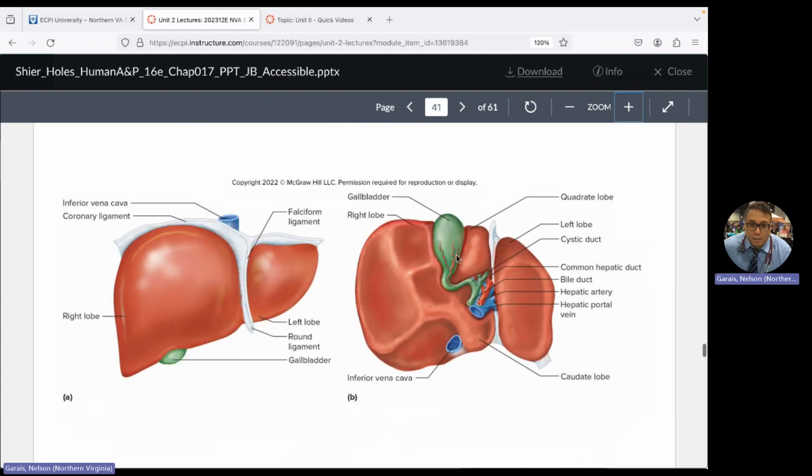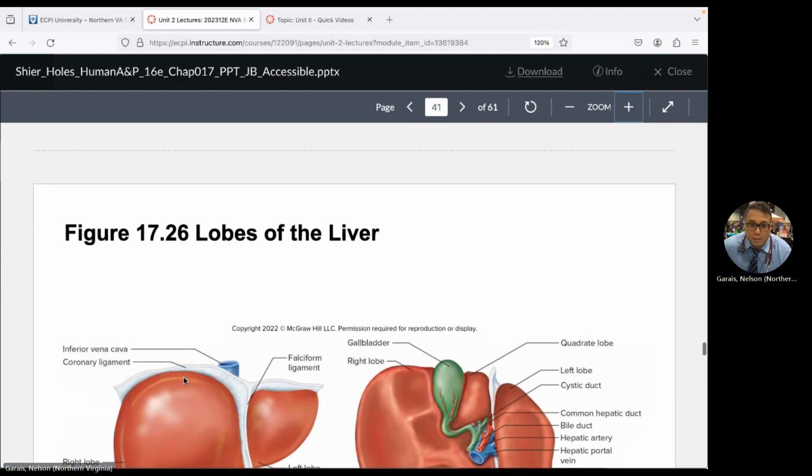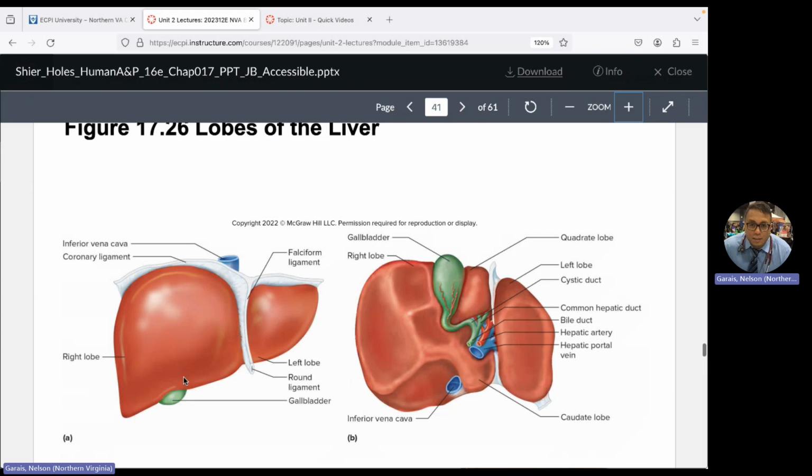Here's your gallbladder, located on the inferior surface of your liver, and you can see it typically peeks out of there. And then you have a set of ligaments that hold these 4 lobes together and attach it to the abdominal wall.